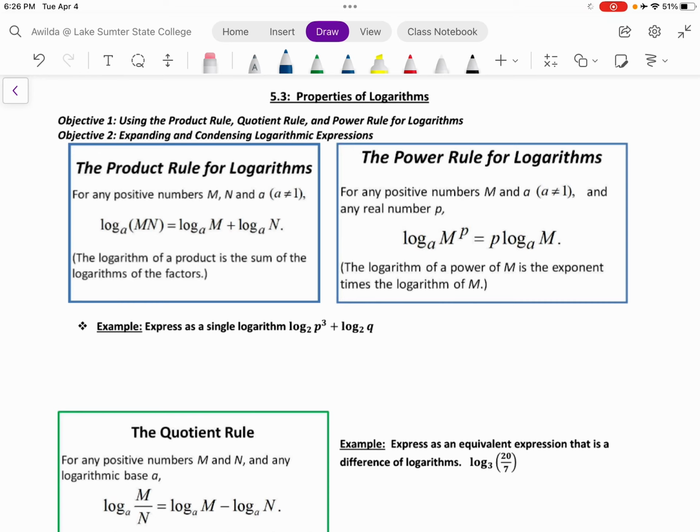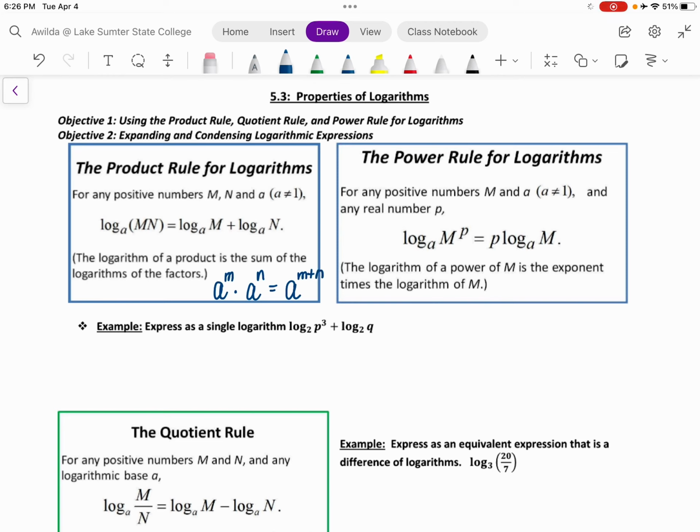This rule is related to the following rule for exponents. When we multiply two powers that have the same base, such as a to the m times a to the n, we combine this into a single power with that base a, and then we add the exponents.